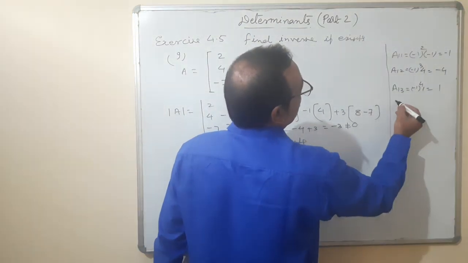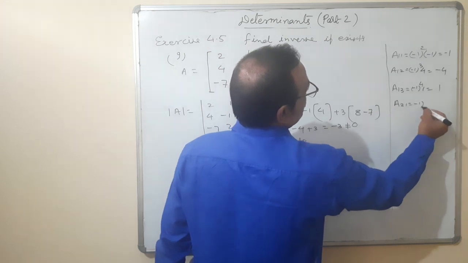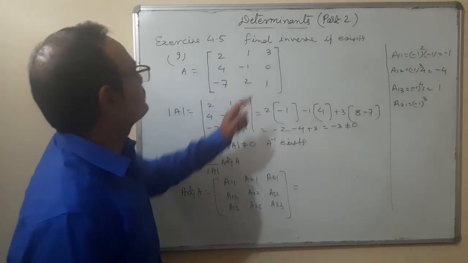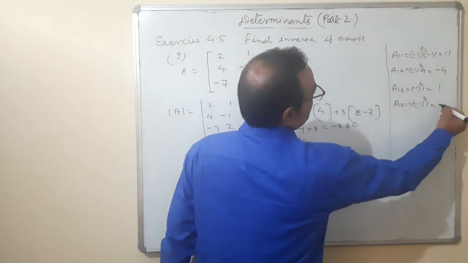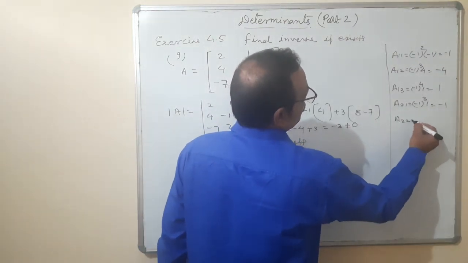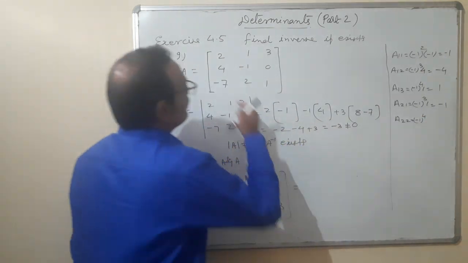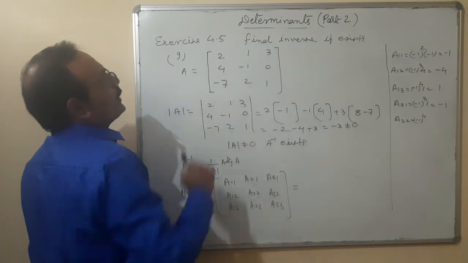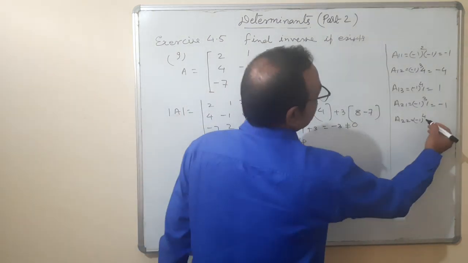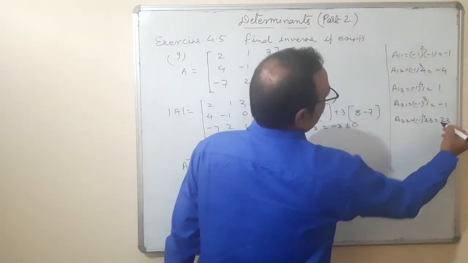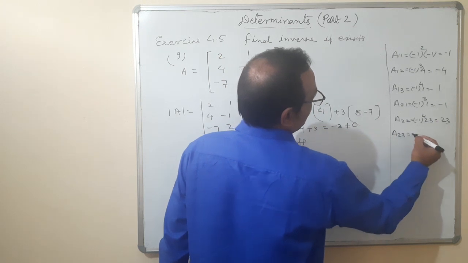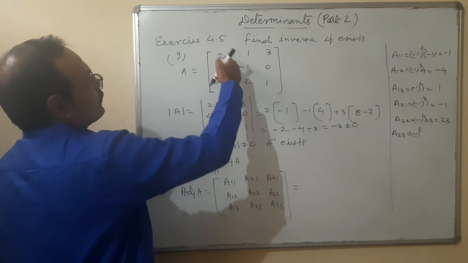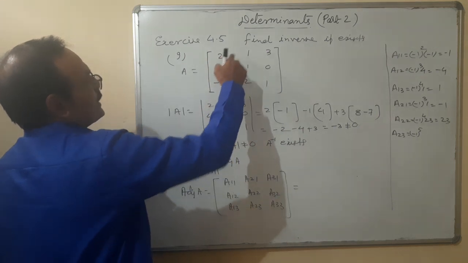And the result is 1. A21 is minus 1 to the power 3. Second row, first column, 1. Result minus 1. A22 is minus 1 to the power 4. Second row, second column, 2 plus 21, 23. The result is 23. A23 is minus 1 to the power 5. Second row, third column, 4 plus 7, 11.